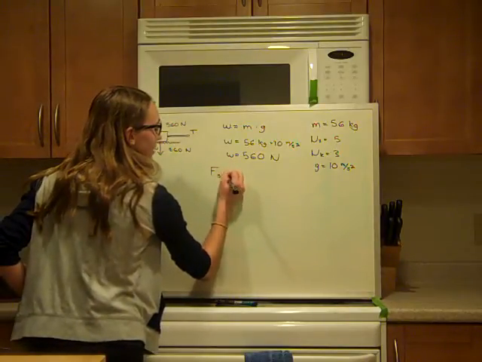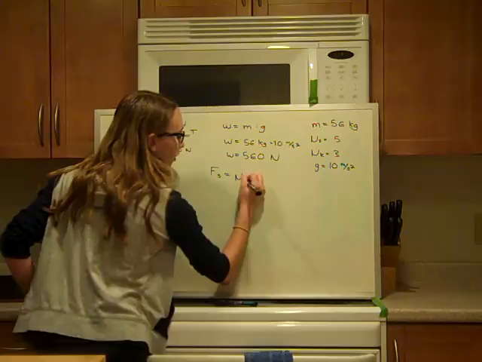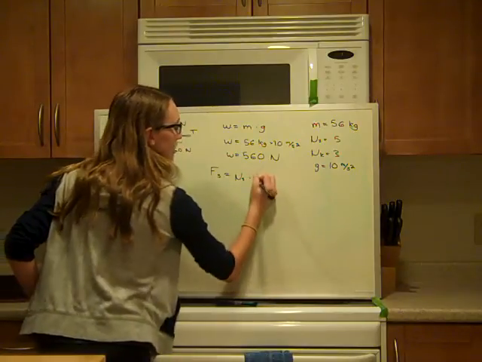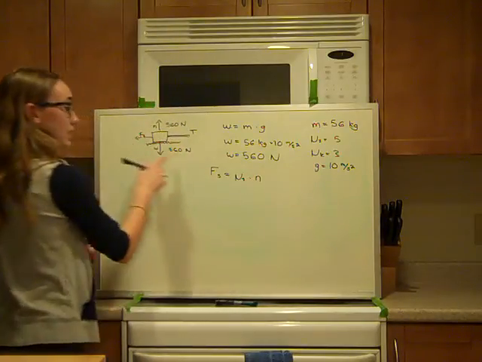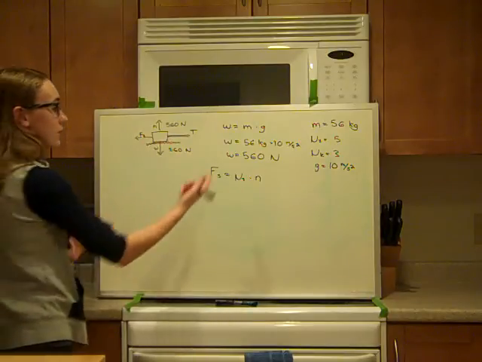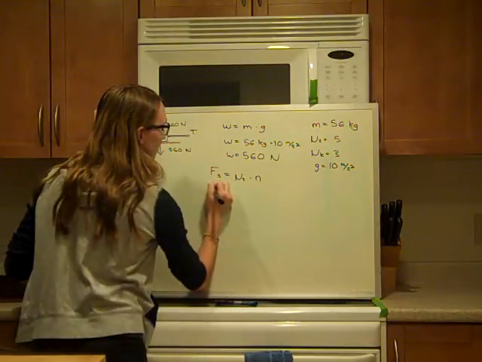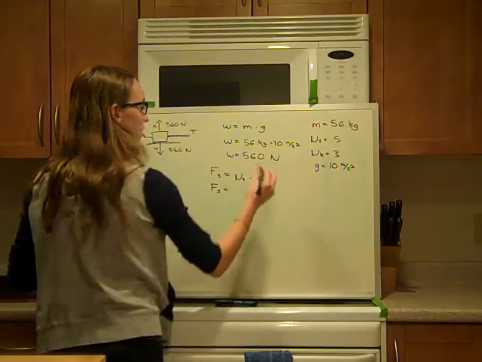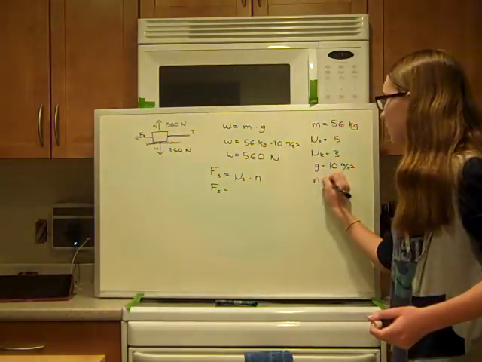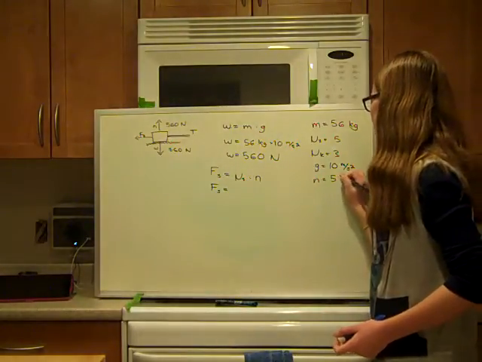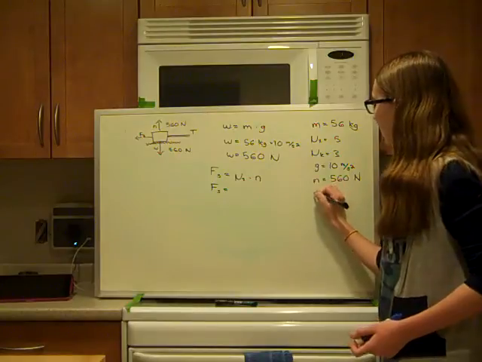So F of S is equivalent to the coefficient of static friction times the normal, which we needed for this, so it's a good thing we solved that first. Actually, I'm going to write normal in here, which is 560 newtons, the same as the weight.